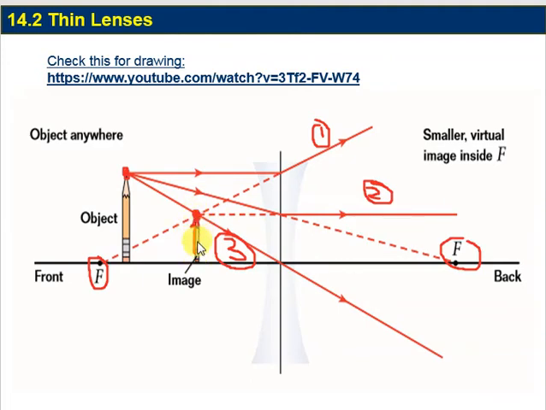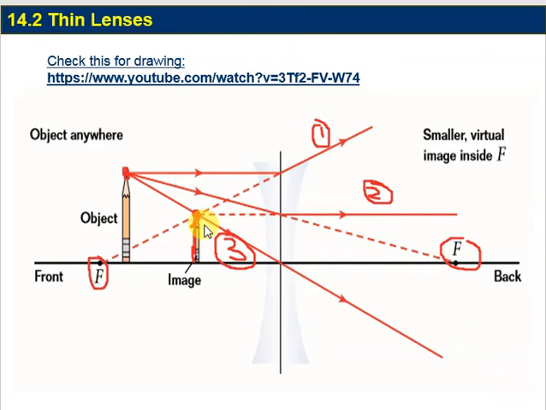What can you notice about the image created? The image created is smaller, and this is what we said at the beginning. Diverging lens is always used to produce virtual images that are smaller than the object. The image is smaller, it's erect. What does erect mean? It means it's upright, it's not upside down.